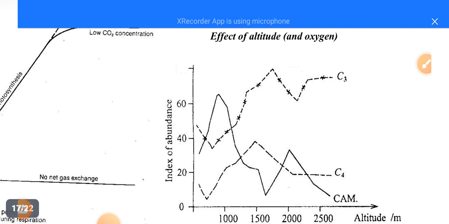The explanation for those plants being at low altitude is that when the temperature is high, the nocturnal stomata opening and closure in daylight enables them to reduce transpiration. Remember, nocturnal stomata opening is the opening of stomata at night.